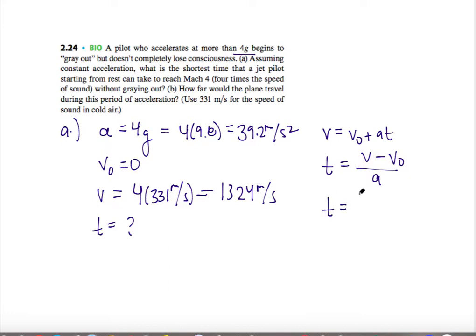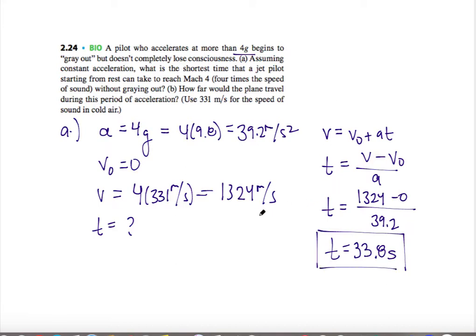So substitution will be 1324 minus 0 over 39.2 meters per second squared. With a calculator, this gives me a time of 33.8 seconds. Again, I'm using 3 significant figures here. So that is the shortest time that I can go to Mach 4 without graying out.